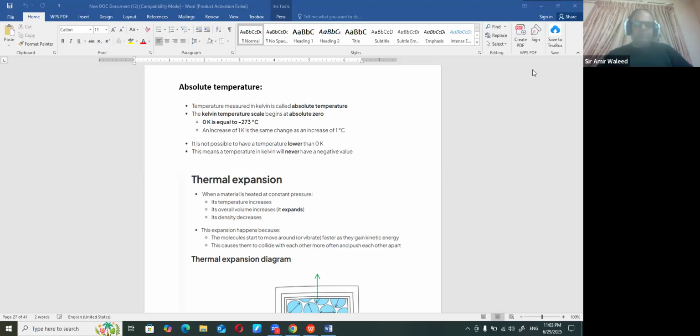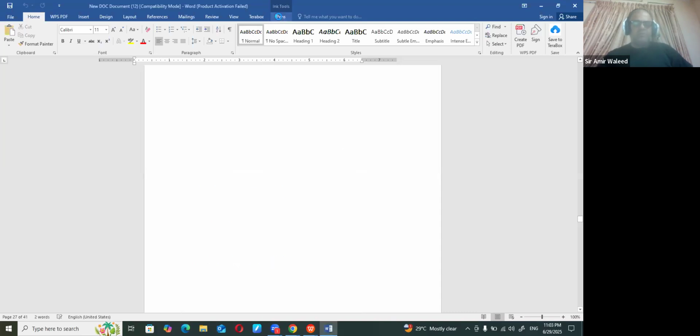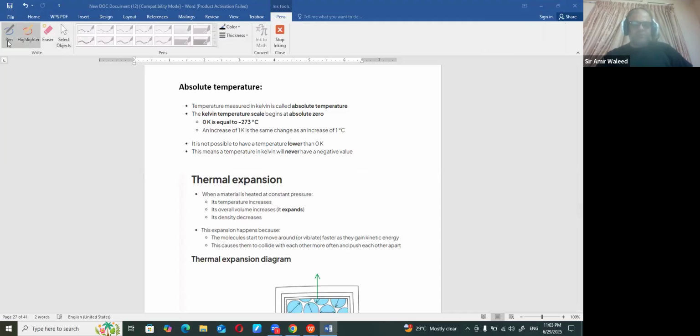Remember that there are basically three temperature scales, but we will talk about only two as they are a part of our syllabus. So basically, what exactly are the scales?